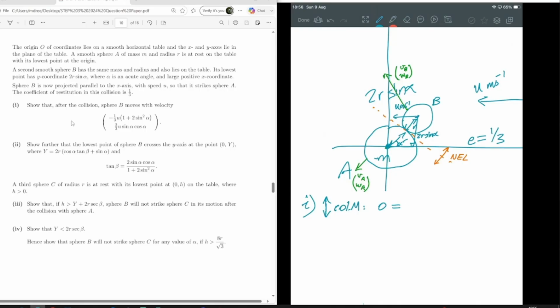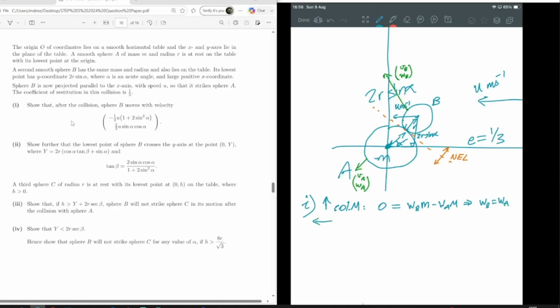So the final momentum, WB times the M minus, I'm taking upwards to be positive here, so I should really just draw my arrow being upwards, minus WAM, which means that the WB is equal to the WA. Not surprising, if you're projected horizontally, then your two objects are going to bounce off in the same way vertically.